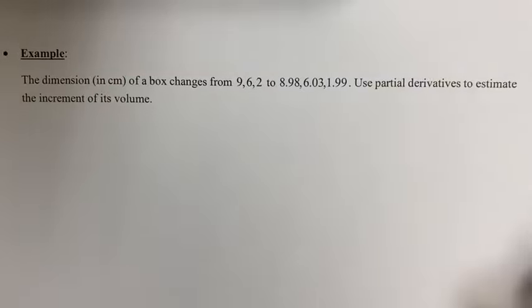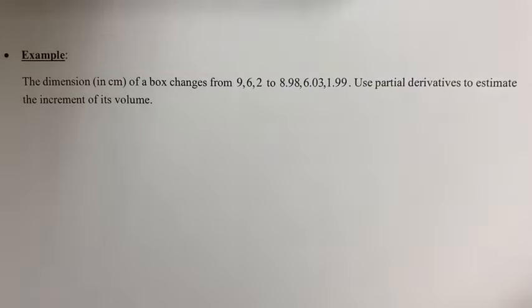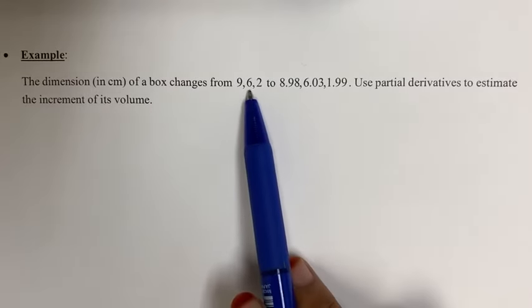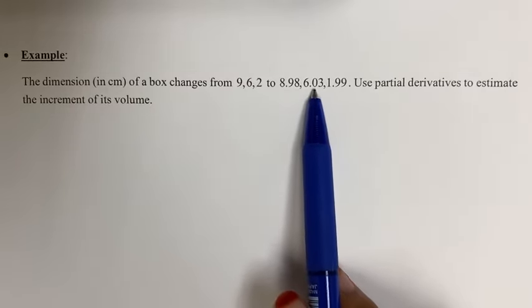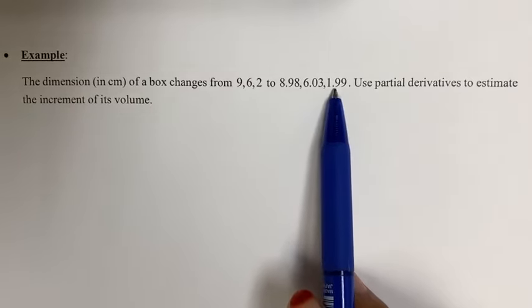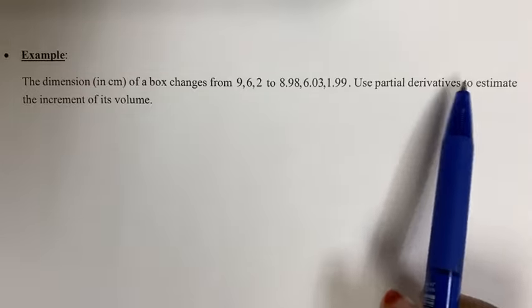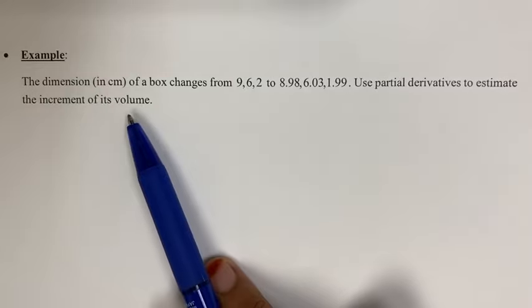Right. The last example for this video is to estimate the increment of the volume. Let's say the dimensions of a box change from 9, 6, 2 to 8.98, 6.03, and 1.99. Use partial derivative to estimate the increment of its volume.